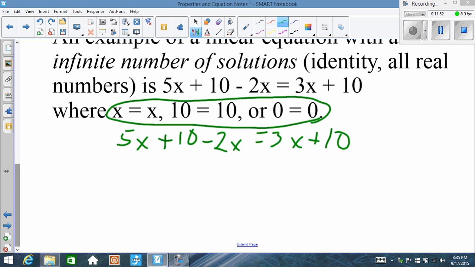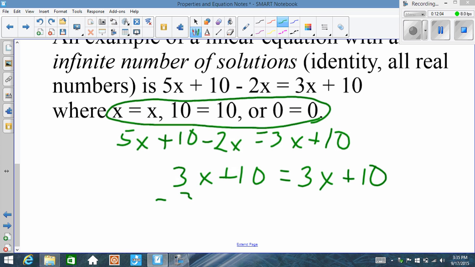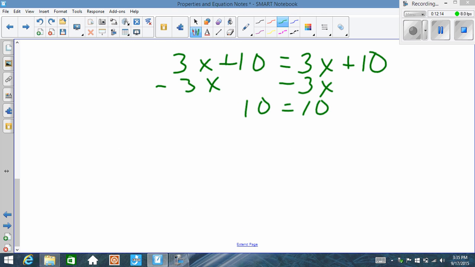So we could solve this here. We'd get 3x plus 10 equals 3x plus 10. If I start with the variable on both sides, which is how I taught it, we subtract 3x and 3x, and we get 10 equals 10. Once you get a true statement like that, you're done. You might also continue on.